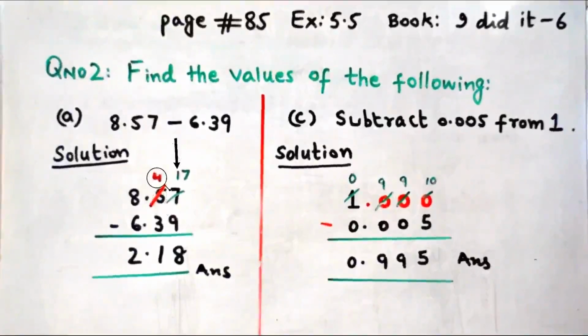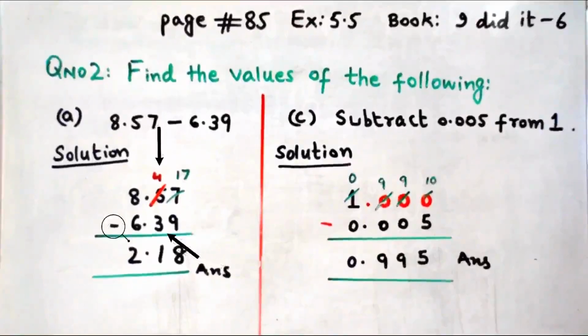Take 1 carry, 4 is left. Now 17 is here. 17 minus 9, 8 is left. 4 minus 3, 1 is left. Put decimal. 8 minus 6 is equals to 2. So 2.18 is the answer.